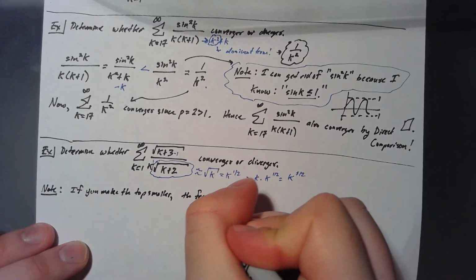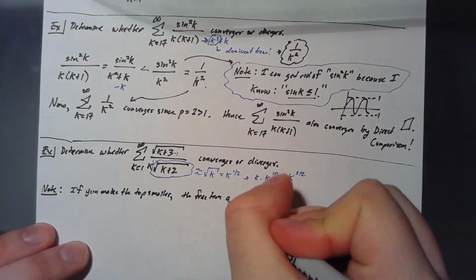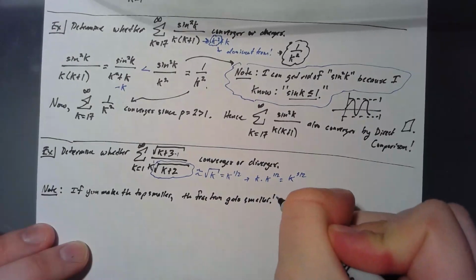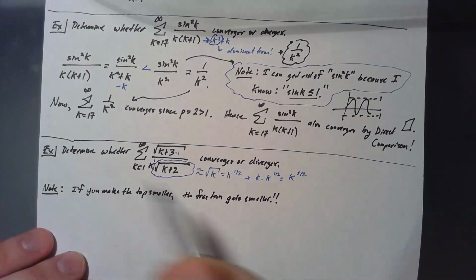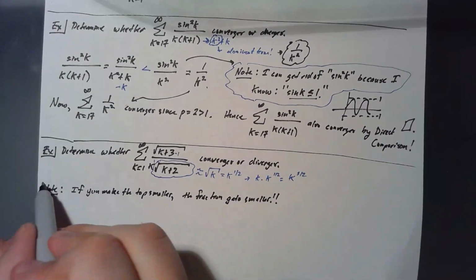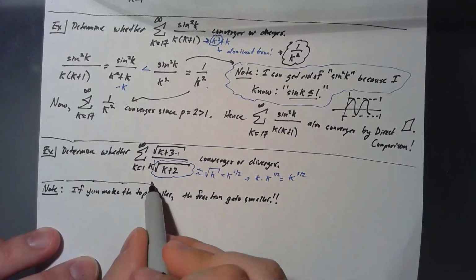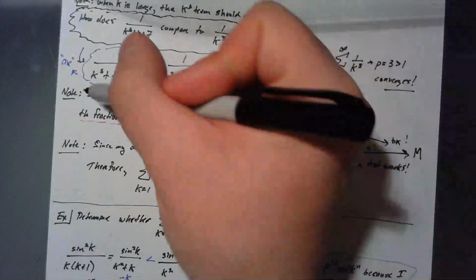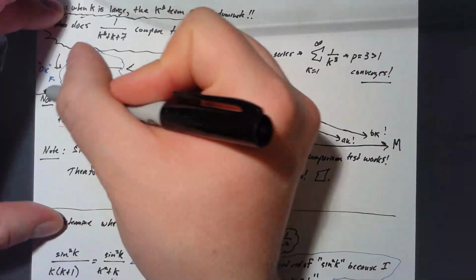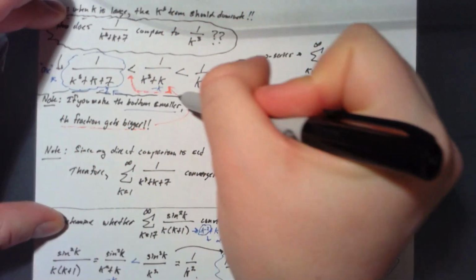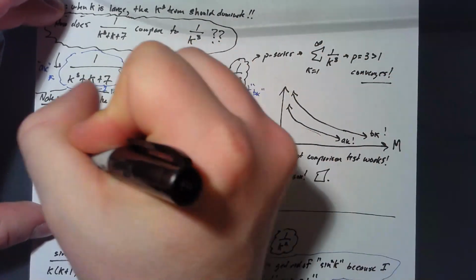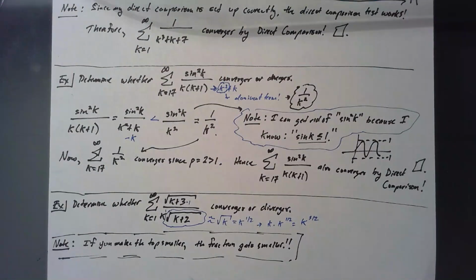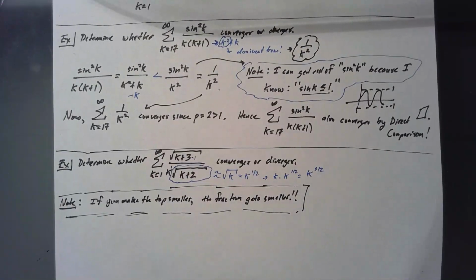The fraction gets smaller. So that's an important note there, just like this one's an important note. These are two very important notes when it comes to the comparison test.